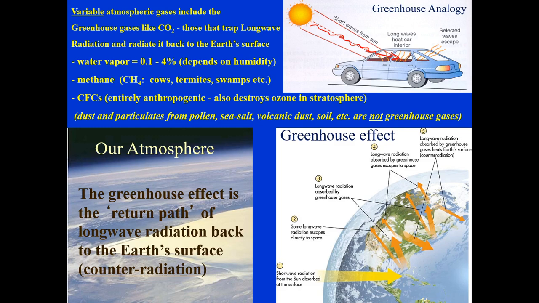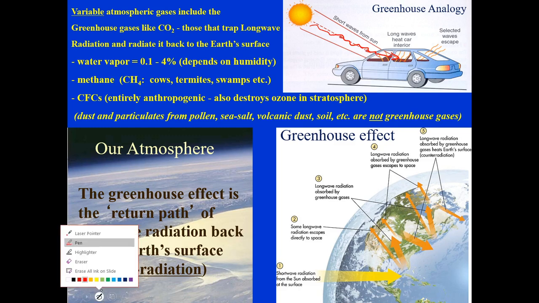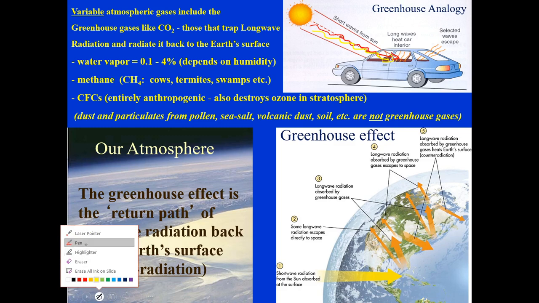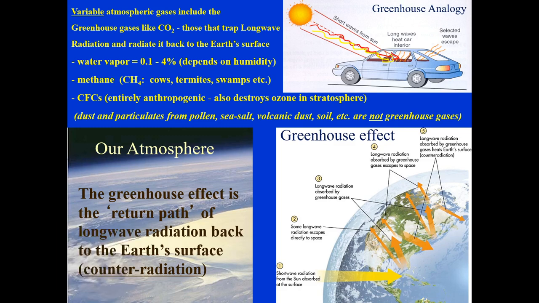Why? The visible light from the sun can get in through the windows, but the IR radiation gets absorbed and it tries to cool down by releasing IR, but the IR cannot get through the glass because glass also absorbs IR.